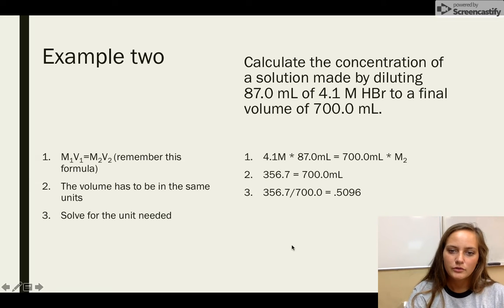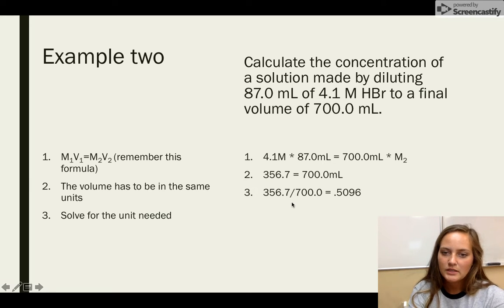So 356.7 divided by 700 is going to give you 50.96 moles. There should be an M right here. But so 50.96 is the concentration of the solution, the moles.